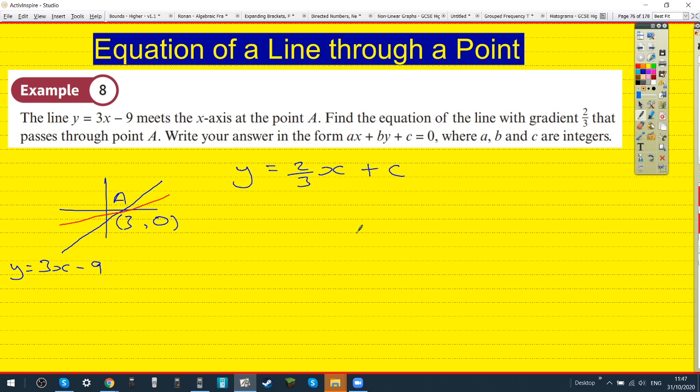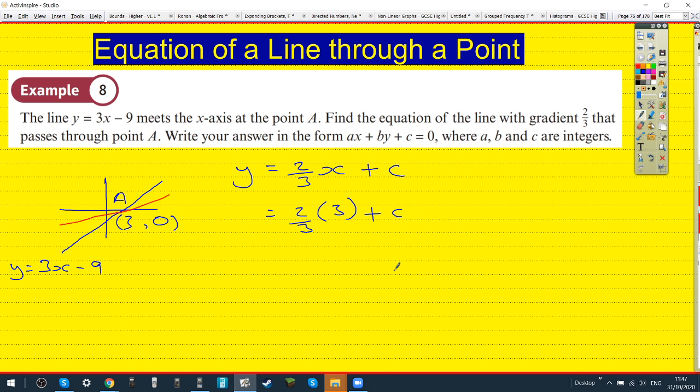Okay. And then we sub in. Could we sub in x, which is 3? Yep. So it'd be y equals 2/3 brackets 3 plus c. Must have written it wrong.